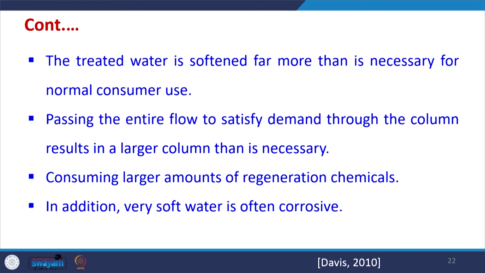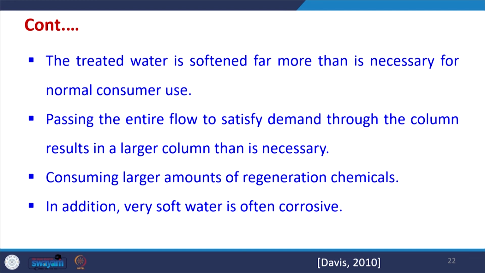After that, the treated water is softened more than is necessary for normal consumer use, and if the entire flow is passed through the column to satisfy the demand, it results in a larger column than necessary.